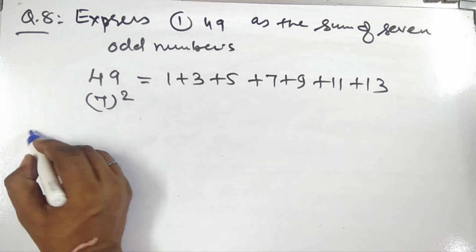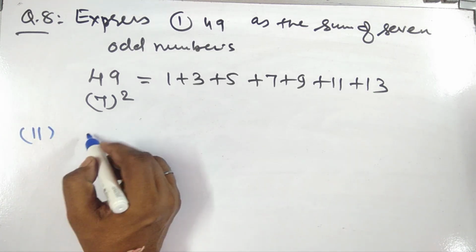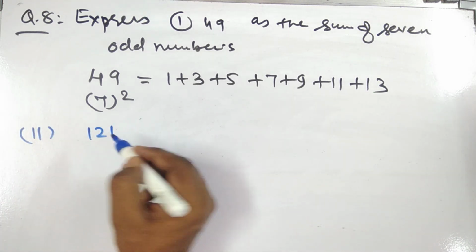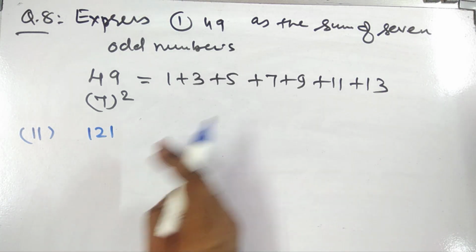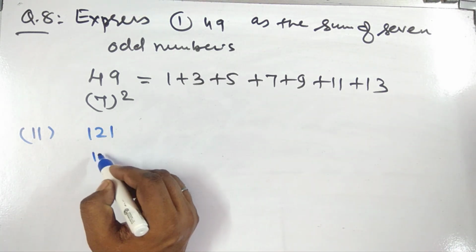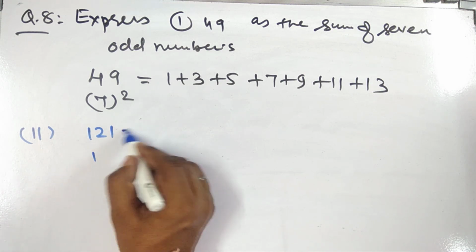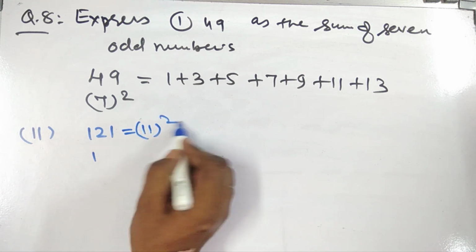Next, second one, students, 121. 121 is the sum of the first 11 odd numbers. Why? Because 121 is given in the form of 11 square.